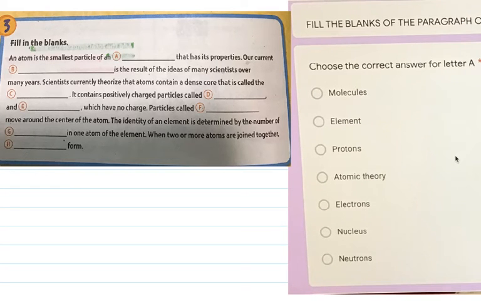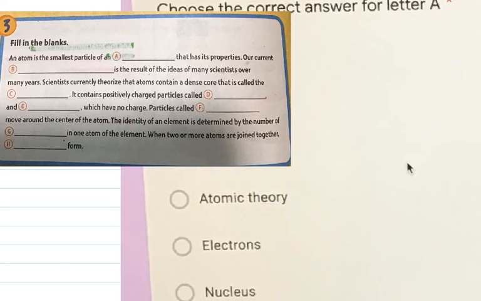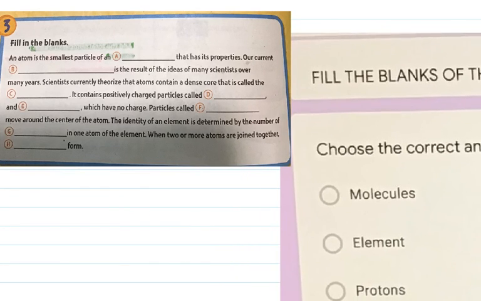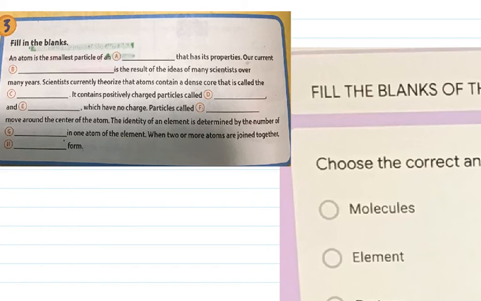Now, we know it's not atomic theory. We can cross atomic theory out. We know it's not protons, neutrons, or electrons, so we can knock that out too. We know it's not a nucleus. That's crossed out, so we've come down to 2 options. Okay, our 2 options are molecules and element. Which one could it be?